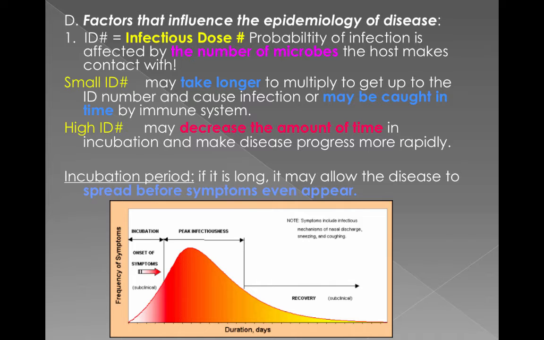Or maybe it gets caught in time by the immune system and I never actually develop it. If I come in contact with a high number of microbes or pathogens, that may actually decrease the amount of time in incubation and make my disease progress even more quickly.